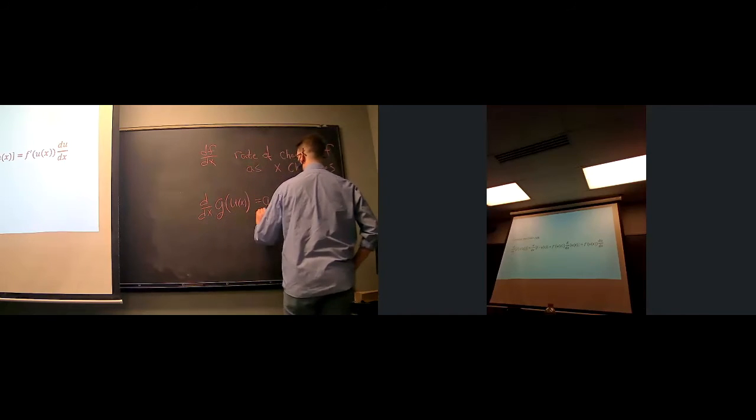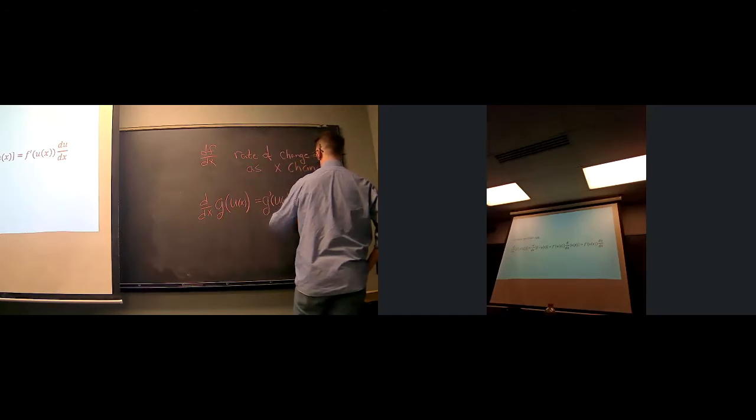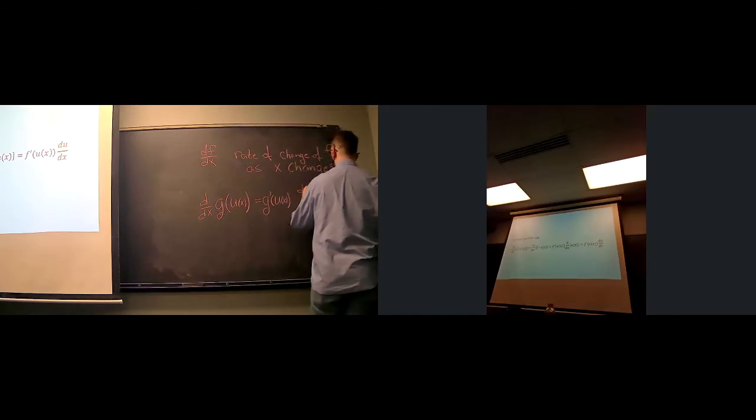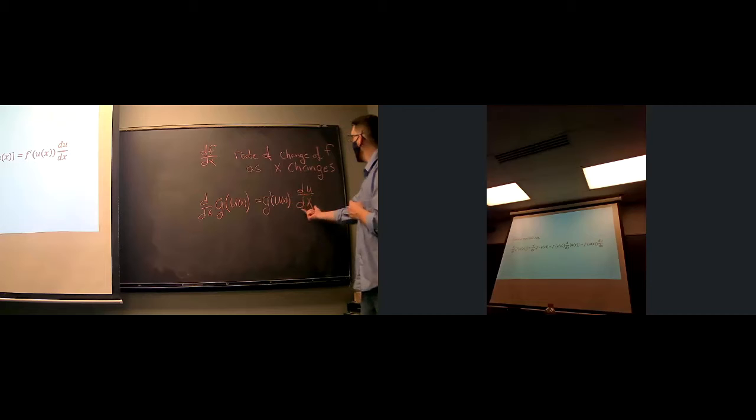So if we have something like this, what we're really saying here is that g changes at a particular rate with respect to our function u of x, and u of x changes at a particular rate compared to x.